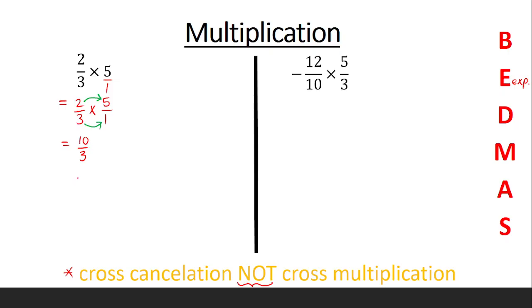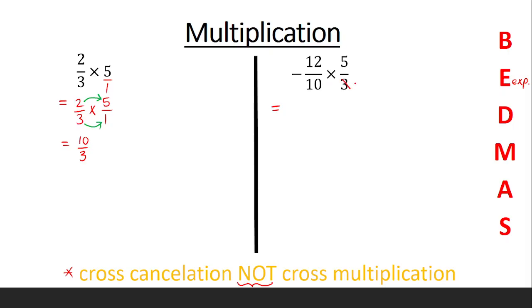So right now, I'm going to leave everything as improper fractions, because when we get into algebraic fractions, everything needs to be left as an improper fraction. Okay, so let's look at this next one. We are going to try cross cancellation, because I'm seeing that 12 and 3 can divide into each other, and 5 and 10.